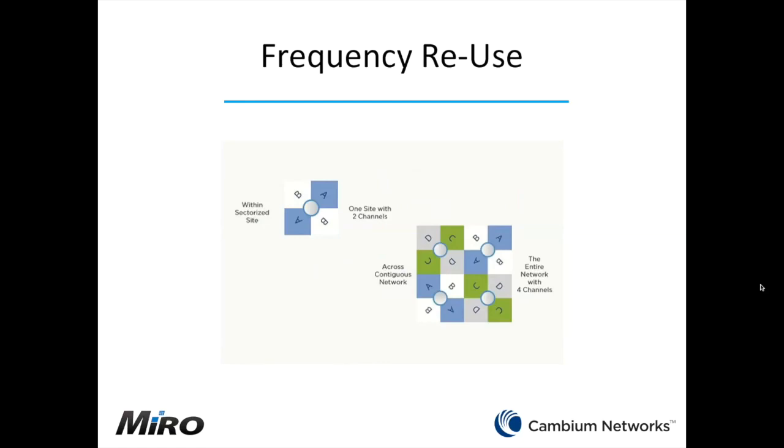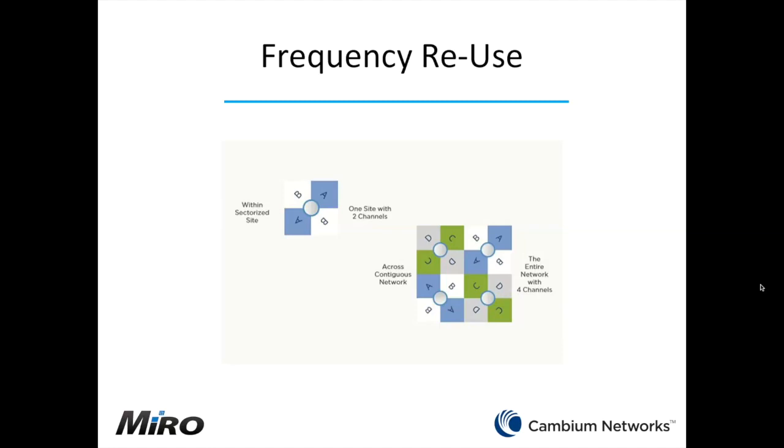Frequency reuse, I'm sure many of you will be familiar with this. Basically, what this means is using what we refer to as an AB back-to-back configuration, as illustrated on the left here. What that allows one to do is set radios back-to-back using the same portion of spectrum, meaning that they're not going to interfere with each other and you can utilize the same spectrum.